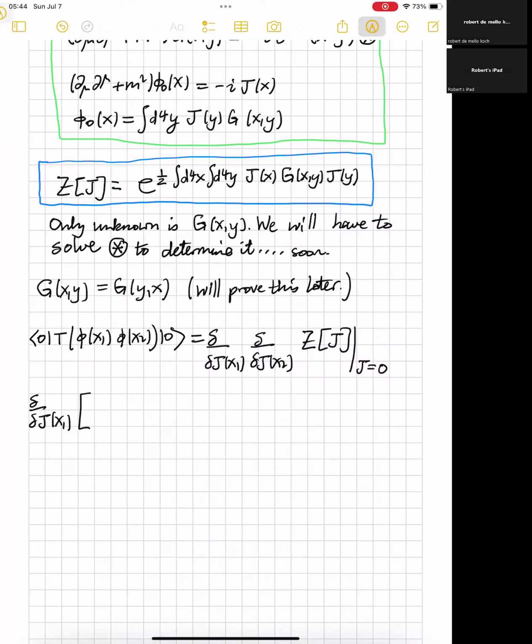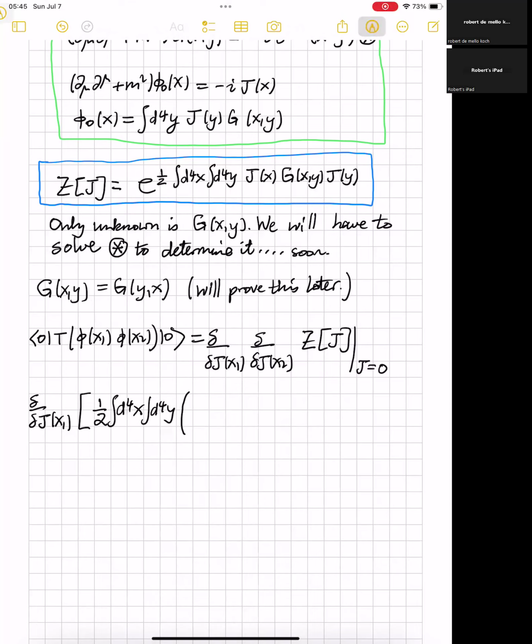When you act on that exponential, it'll bring the exponent down, and we'll multiply by the exponential again. We'll have a 1/2, an integral d4x, an integral d4y, and now we need to take the functional derivative of that exponent.